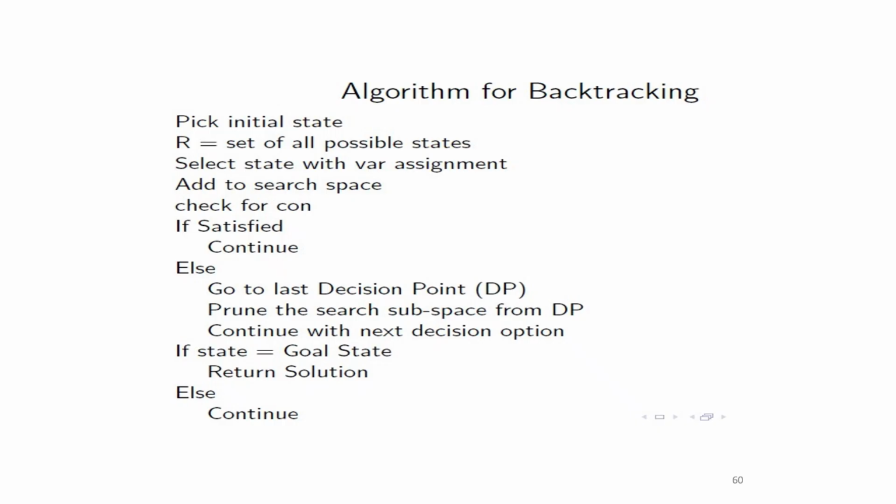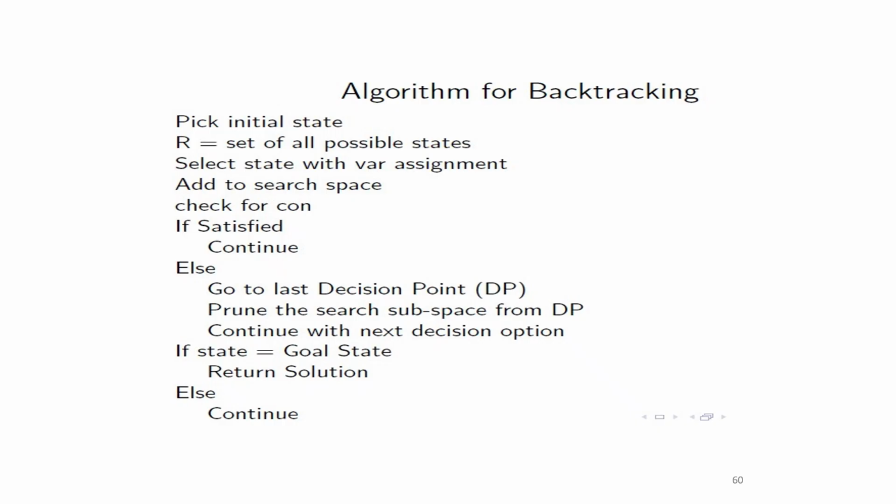And next is the backtracking algorithm, a very important thing. For example, what is the initial state? It should be present, and then we have to analyze the whole state space of the search, and assign some color. If that color is satisfied, we can continue with the next decision point.